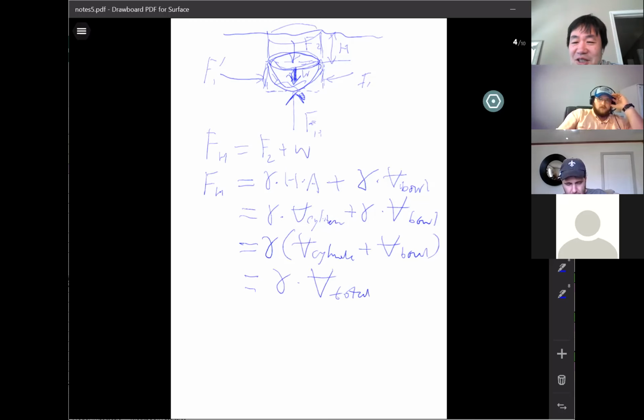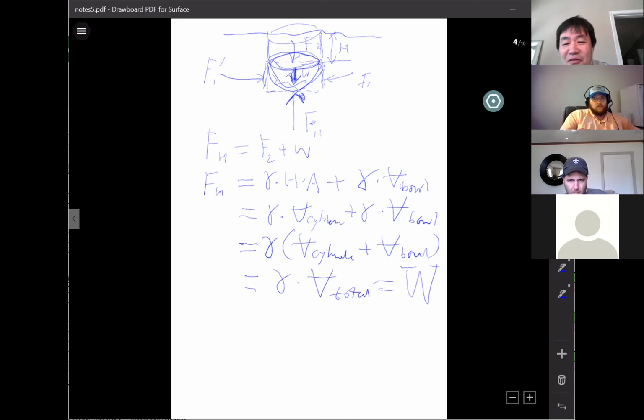Look at this. This is just the total volume sitting exactly projected on top of the bowl. Total water volume. Does that make sense? Gamma of water times the total volume is basically the total weight, let's say the bigger capital W, of water sitting on top of the bowl, on the projected area of the bowl.